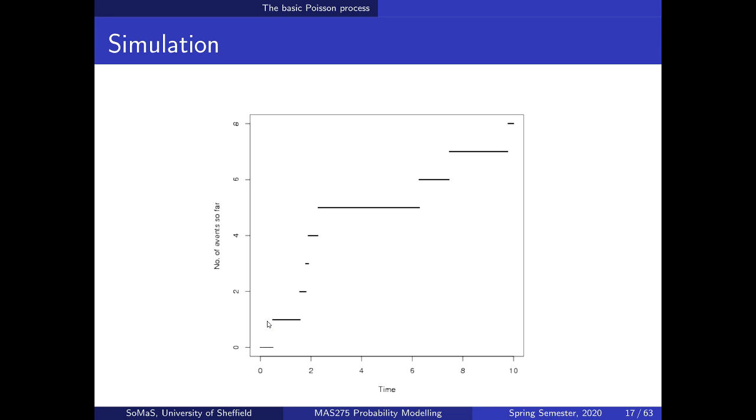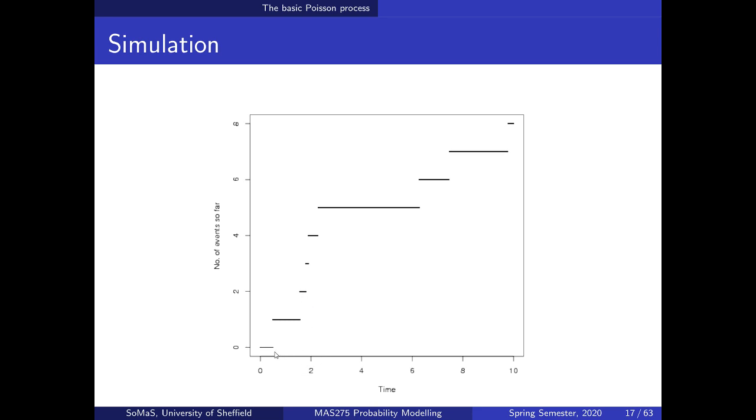Whenever there's an event, the function N_0t jumps by 1. And as we've said, the lengths of time where it's constant, between the jumps, are called the inter-arrival times. This is the first inter-arrival time, this is the second, this is the third. Rather, you should project them on this axis.